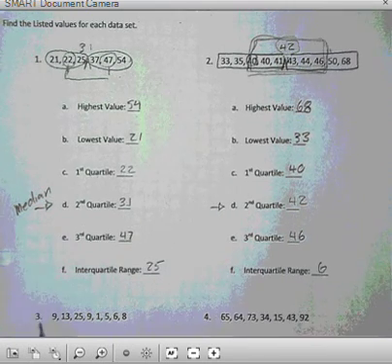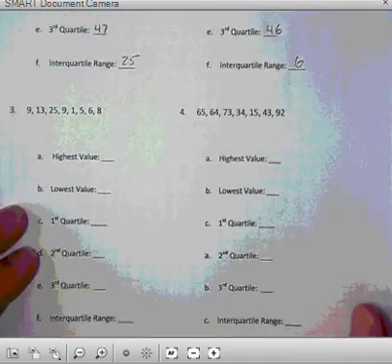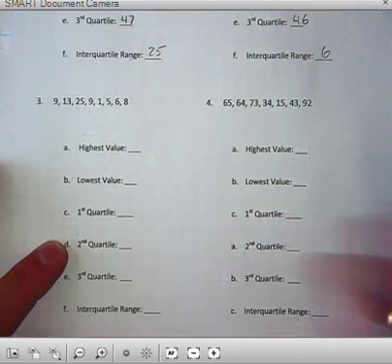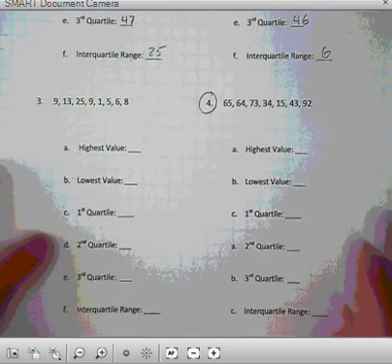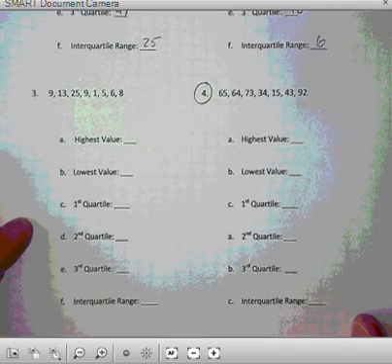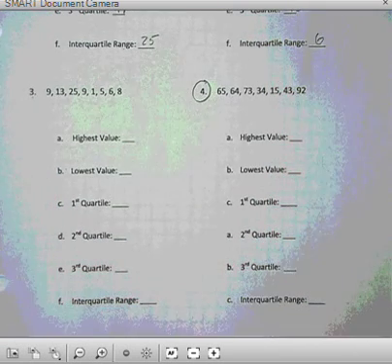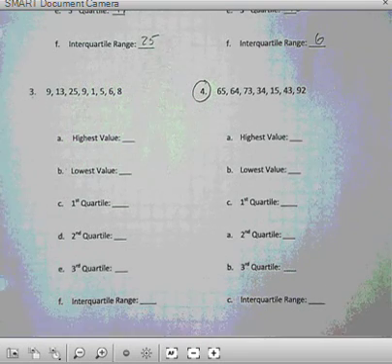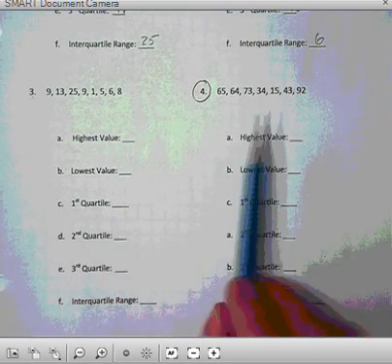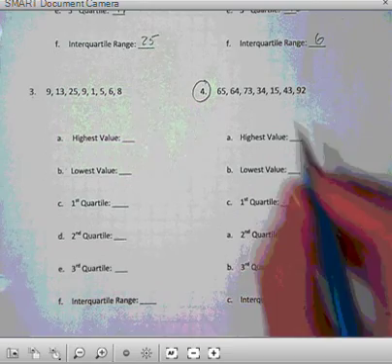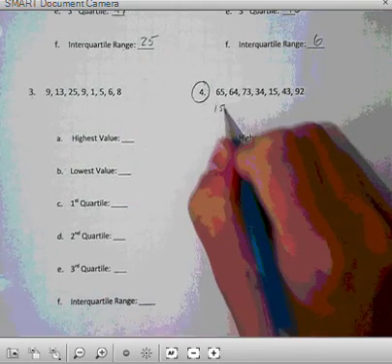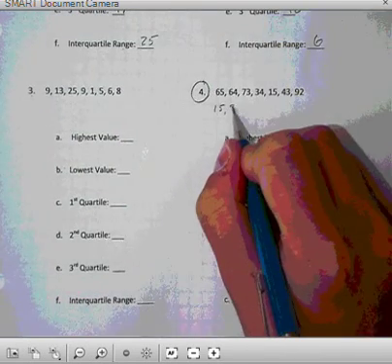Let's skip example number 3 and do example number 4. So do this one right here. This one's slightly different. These are not in order, so that was the first little trick that you stumble across.